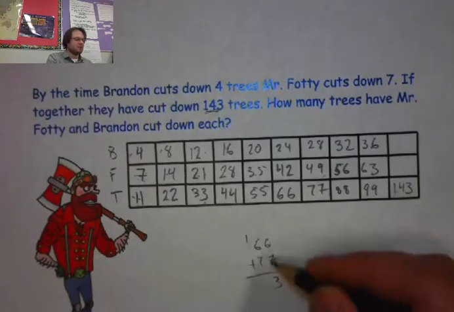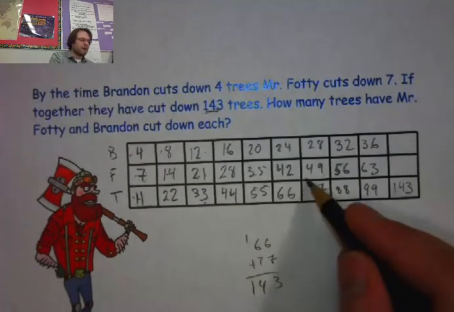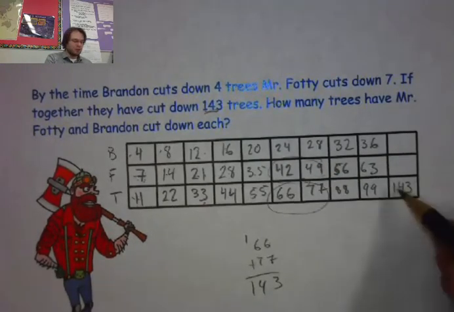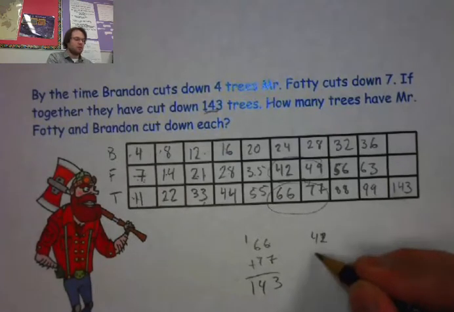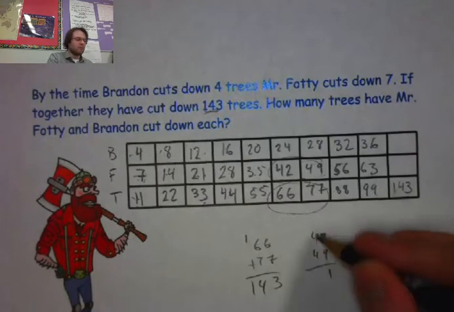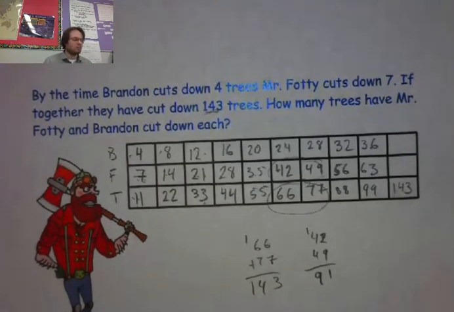Then we add these, so we have 13 again, so that's 143. So if I add these together, I get that. So I'm going to now add these together to get this. So 42 plus 49. Well, add that together. I'm going to get a 1, 8, and that's going to give me 91.